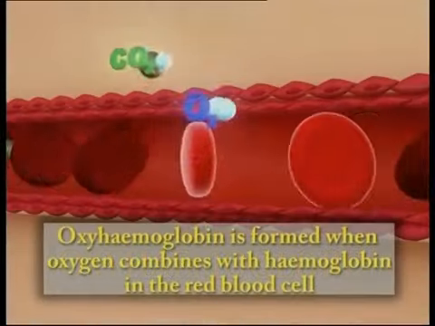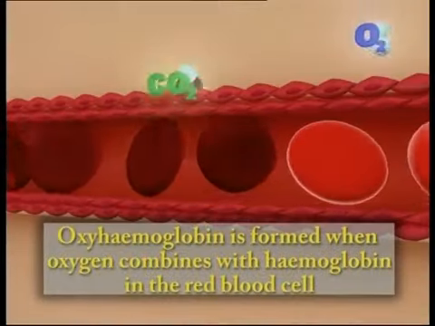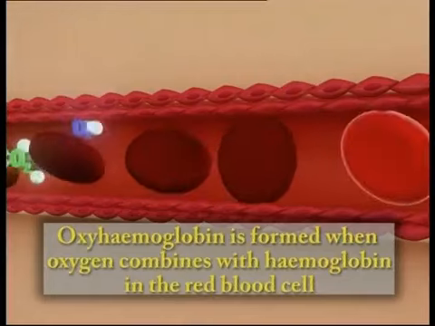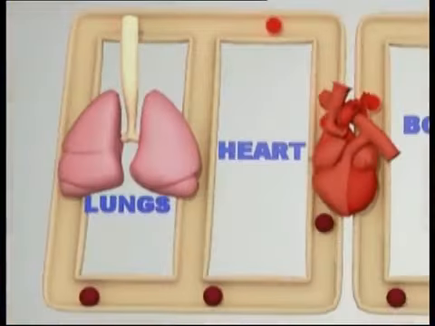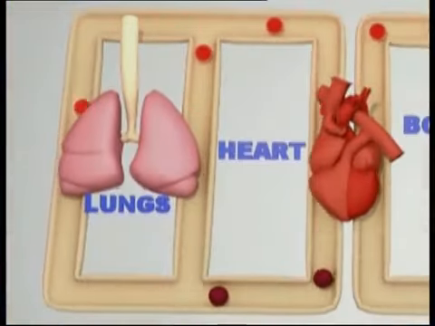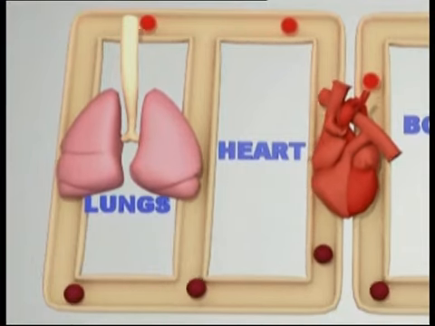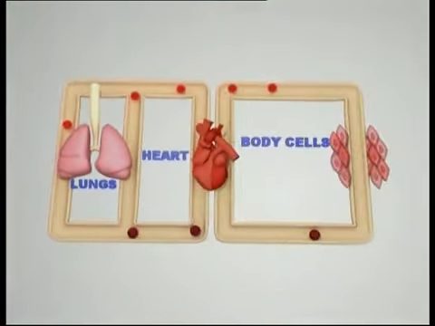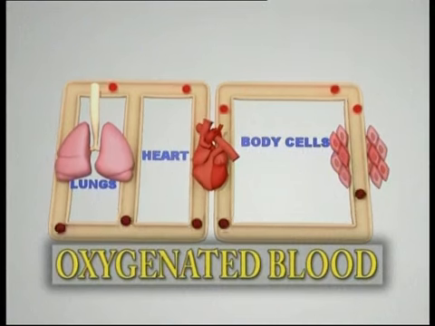Oxyhemoglobin is formed when oxygen combines with the hemoglobin in the red blood cell. The blood that leaves the lungs is then highly concentrated in oxygen and is therefore known as oxygenated blood.